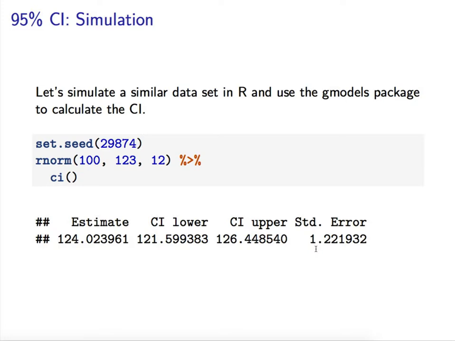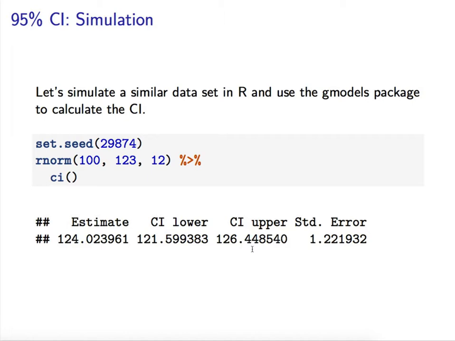And then we are going to create a random normal sample with 100 observations with a mean of 123 and a standard deviation of 12. We pass that with the pipe to the CI function, and it gives us a confidence interval. So our estimate is 124 with a confidence interval from 121.6 to 126.4.